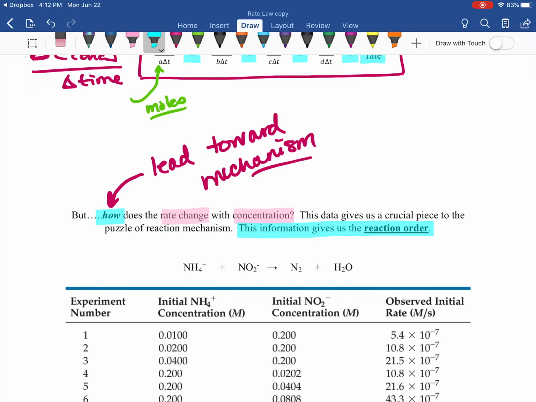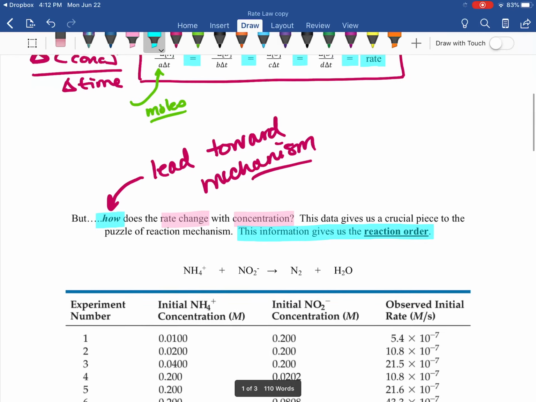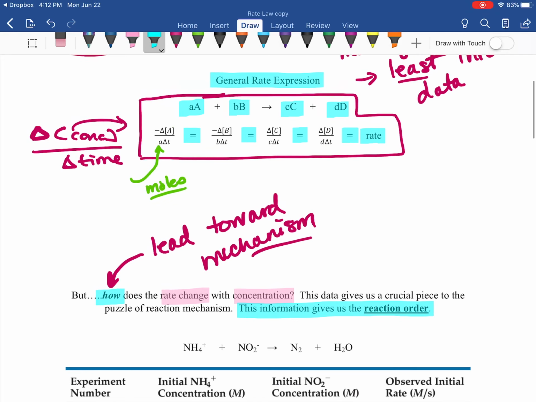And let me show you what our rate law actually looks like then. We're going to take a general rate law, and I'm going to add it up here to our general rate expression, because it is the same rate for that reaction. Our rate law is going to tell us how.